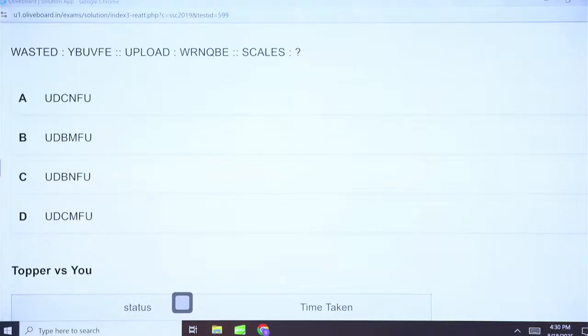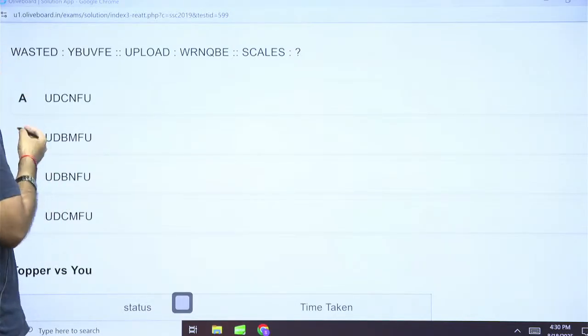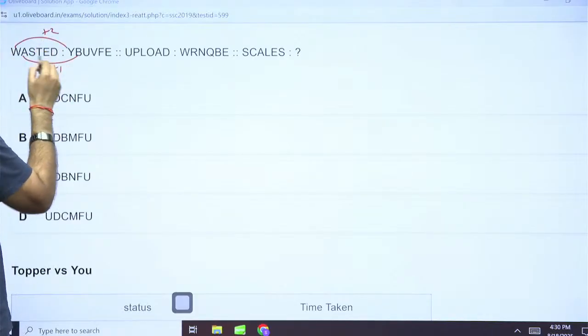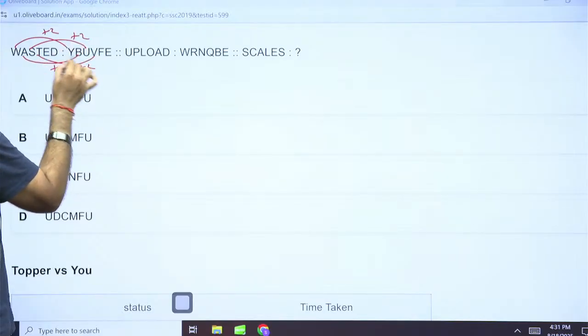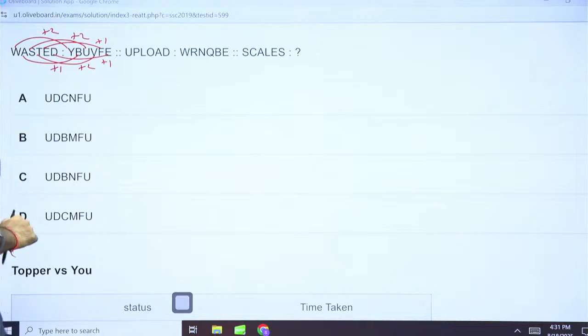Great. So wasted is this, upload is this, scales is what? Okay, let's see. 23, 25 plus 2, A, B plus 1, 19, 21 plus 2, T, V plus 2, E, F plus 1, D, E plus 1.